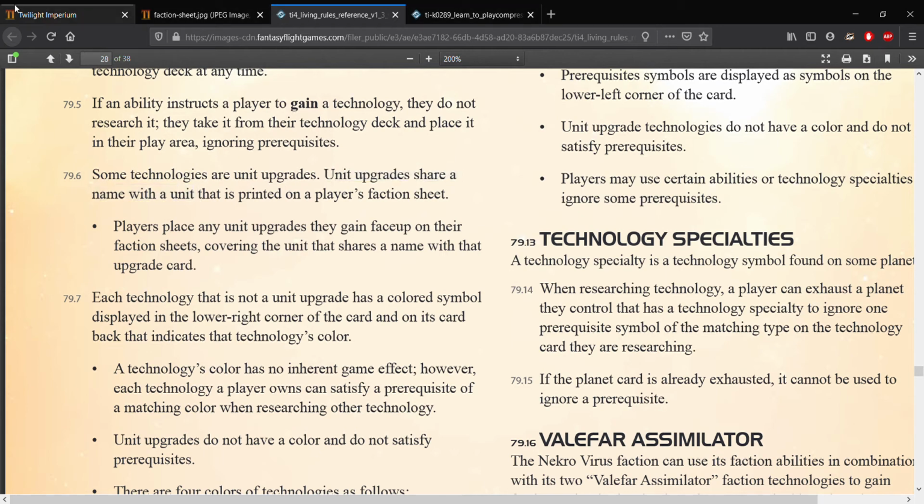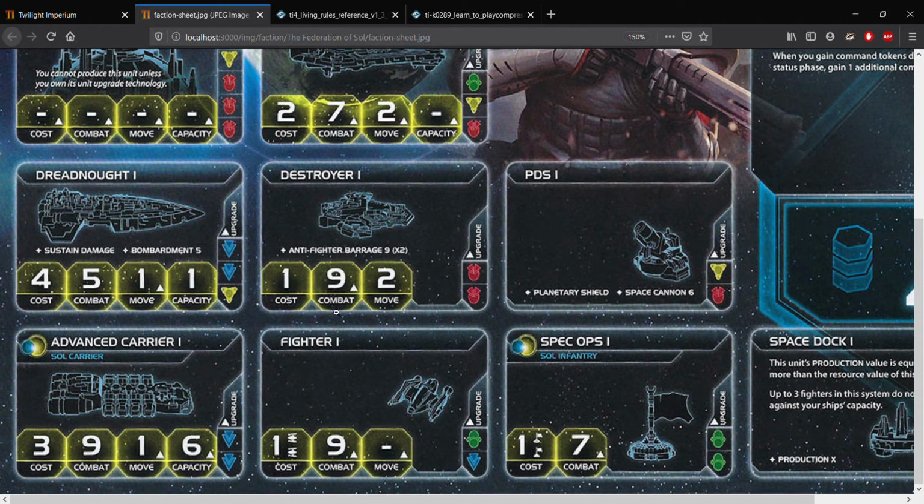So on our faction sheet, we have Spec Ops 1. And Infantry 2 doesn't share the name with Spec Ops. Spec Ops 2 shares the name with Spec Ops 1. So only Spec Ops 2 should be selectable here as a technology upgrade.